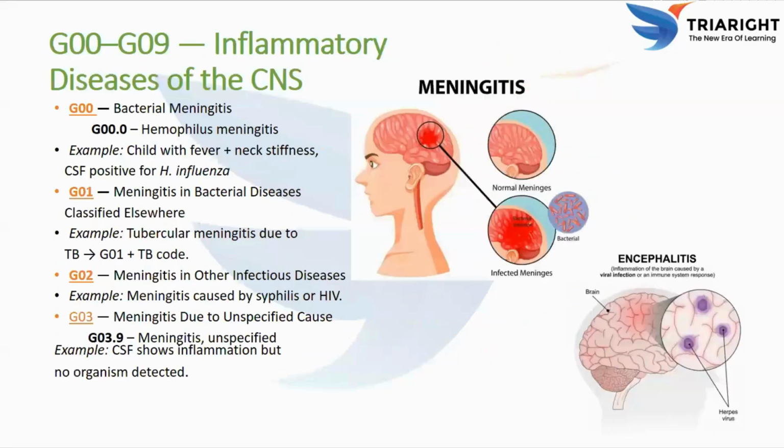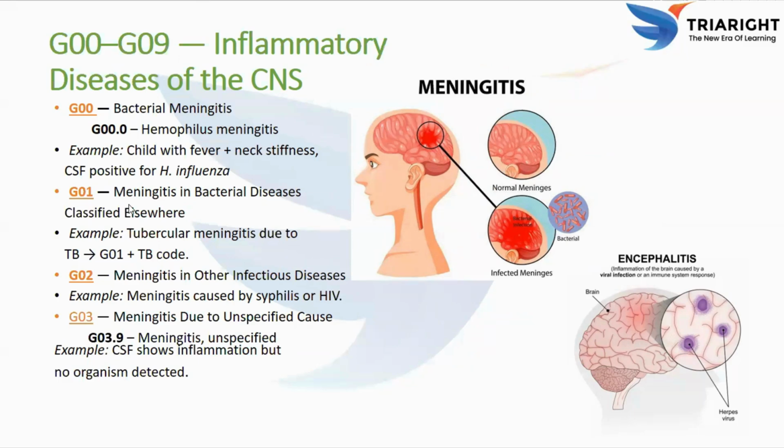Now coming to the classification, G00 to G09. What is G00? It's bacterial meningitis. What do you mean by it? This code is used when the meningitis, the inflammation of the meninges, is caused by bacteria. For example, G00.0 subcode is Haemophilus meningitis.